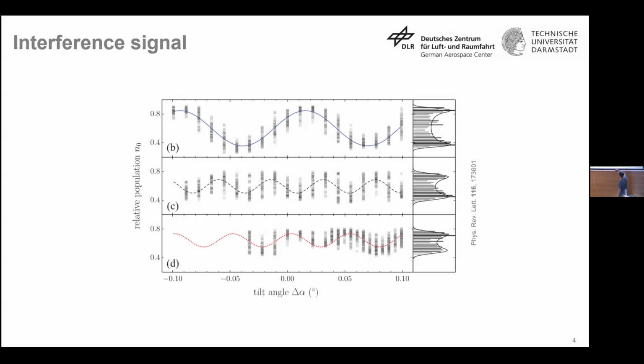Because the fringe period increased, the slope at this position, for example, increases as well. So this is just to show you that we can scale up the momentum, we get an increased fringe visibility, and we get an enhanced sensitivity because of that. And we will talk about that tomorrow.